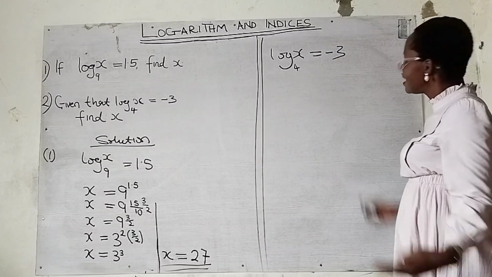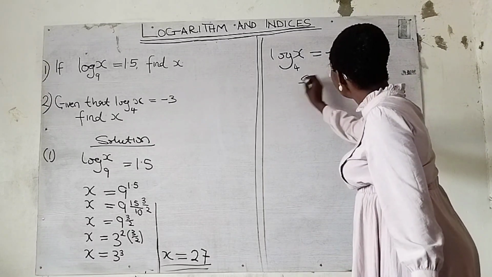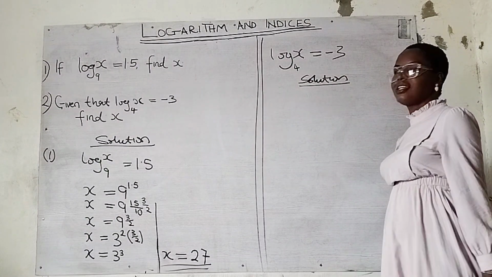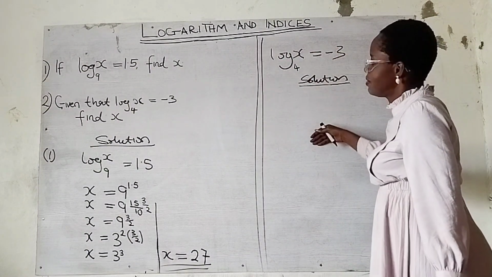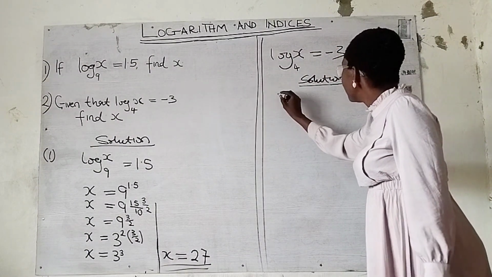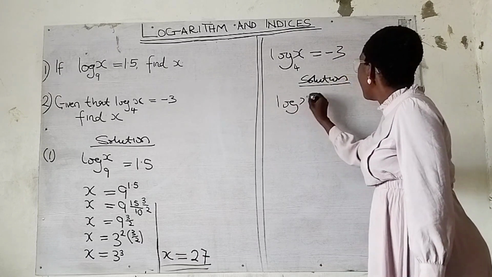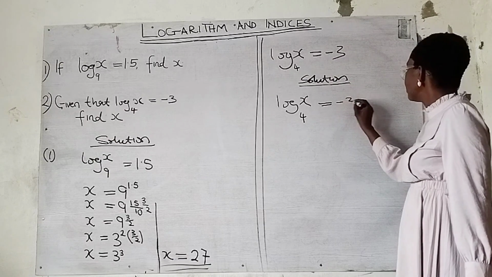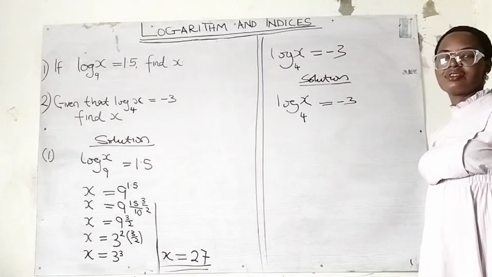What do we do? A solution. Let me carry the question down first. I carry down log x to base 4 is equals to minus 3. Then I'll start the solution proper.